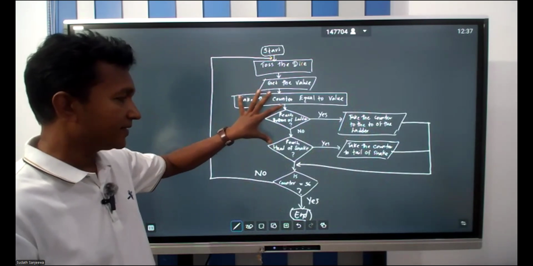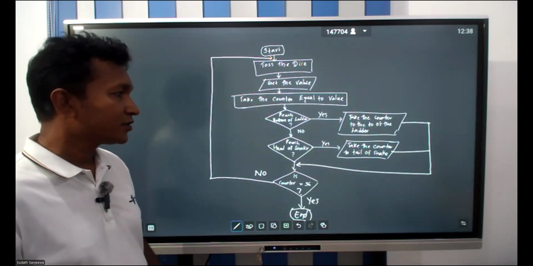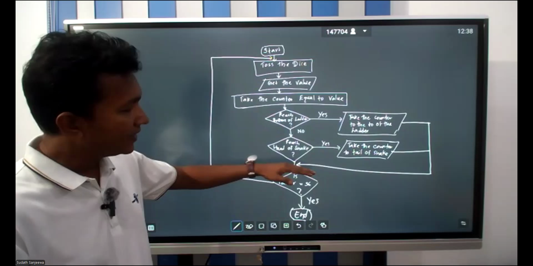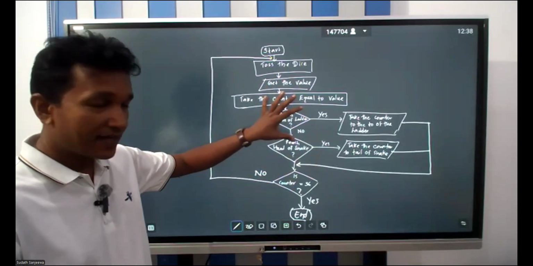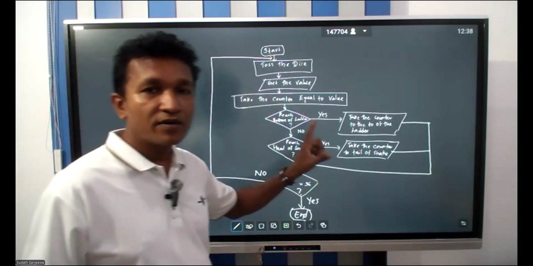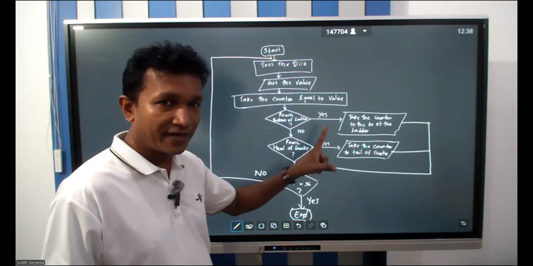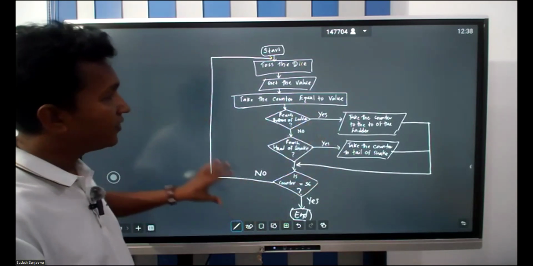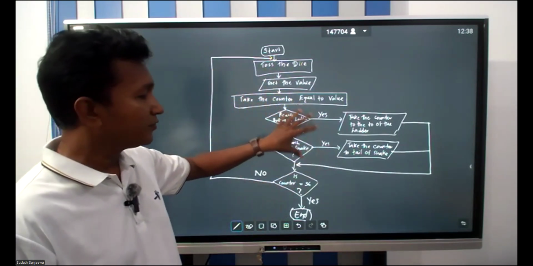This is the flow chart, right? So we did this flow chart last year without this repetition. We did this flow chart only for one step, right? So here we are going to do this flow chart for all steps.